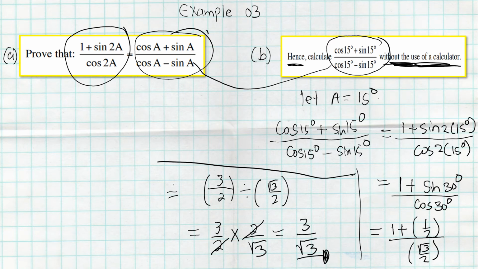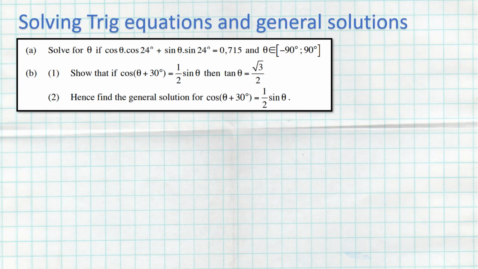Okay, great stuff. Let's now focus on the second part of this session, and I want us now to shift to focus on how you can solve trig equations and general solutions. Although I've already covered this in another session specifically for solving trigonometric equations and general solution, I'll also attach the link.